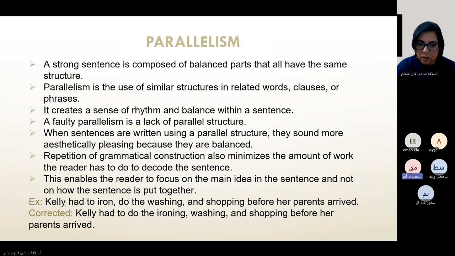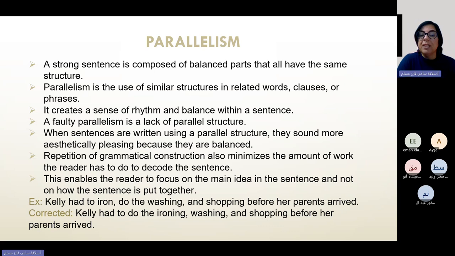So what is the correct structure, Maysa? Kelly had to do the ironing, washing and shopping before her parents arrived. Okay, did you see how the rhythm changed? Kelly had to iron, do the washing and shopping. Here it is the ing form, but here the infinitive. So we have to make it parallel. We have to make it rhythmically, aesthetically nice.